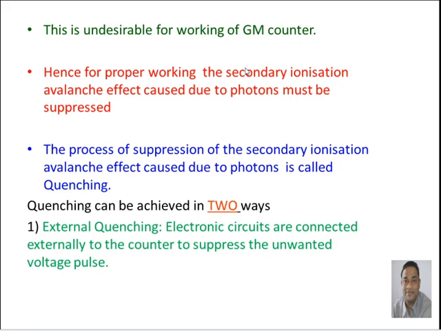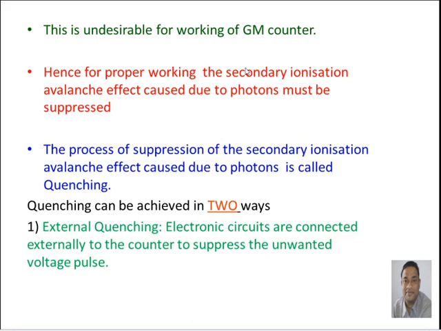So for proper working of this GM counter, the secondary ionization avalanche effect caused by the photons must be suppressed, and the process of suppression is called quenching.